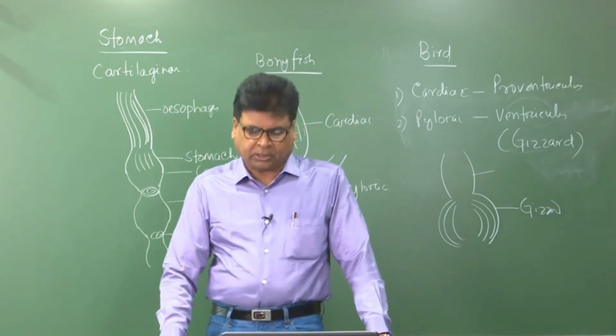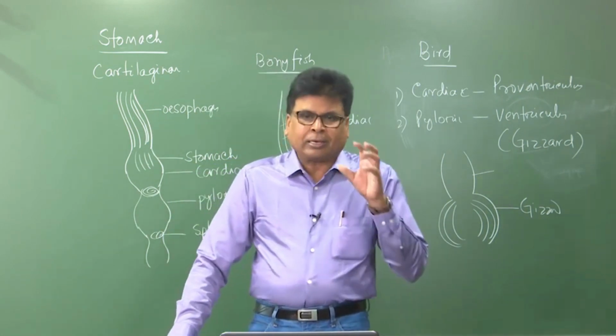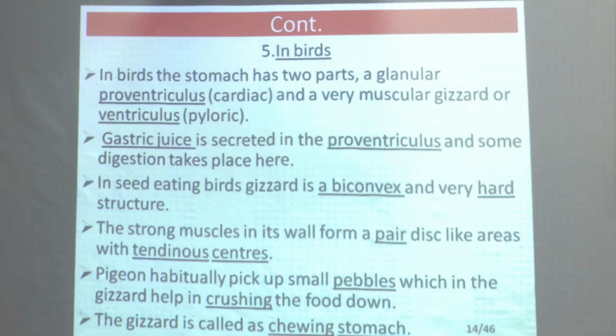The strong muscles in the wall of the gizzard form a pair of disc-like areas with a tendinous center.